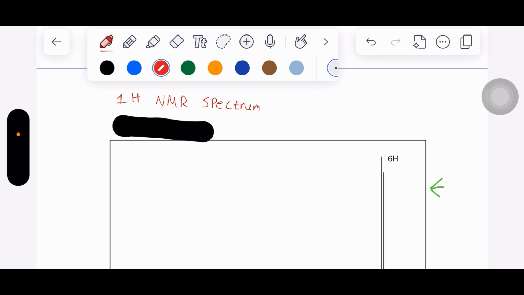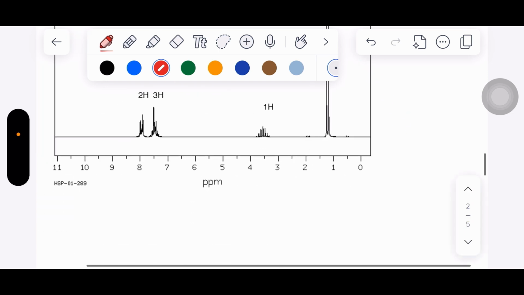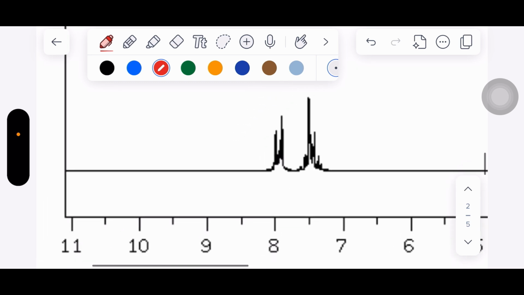I'll be describing the proton NMR spectrum of the aromatic ring with the molecular formula of C10H12O. So let's break it down by the types of protons in the molecule and their expected signals. First thing I want to point out is these two.